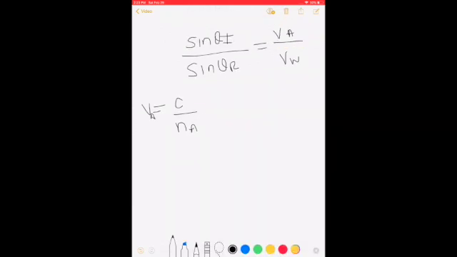So if we substitute in, if we cross multiply here, we get that velocity of water times sine theta incidence is equal to velocity in the air times the sine theta angle of refraction. Okay, so then we can use this equation here to substitute in for the velocity.